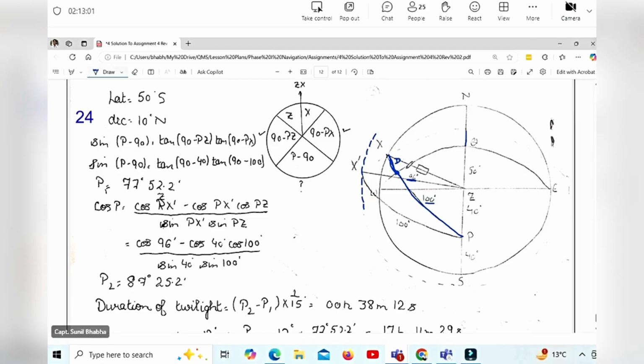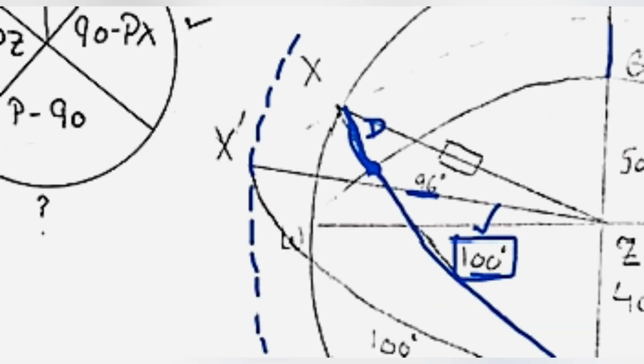Declination was 10, so it becomes a total of 100. This is 10 degrees north and this was 90 from the pole. Okay, beta. Very good.